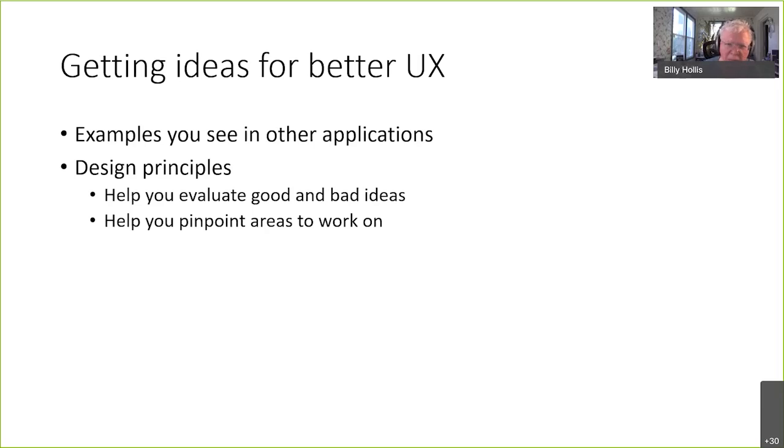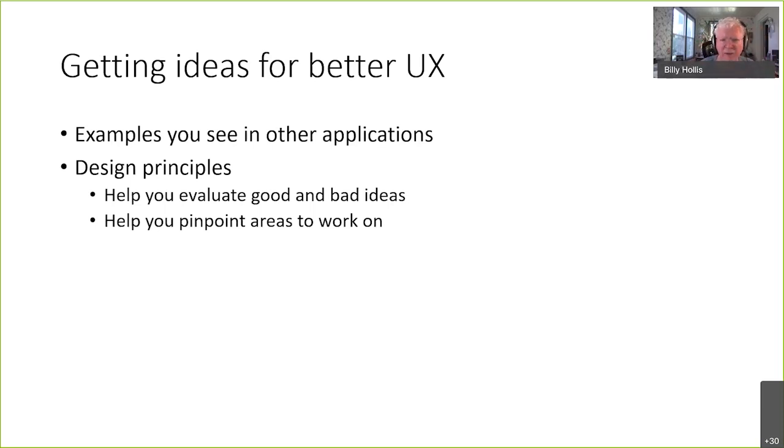Now, first of all, where do you get the ideas? Where do you find things for improving your app? Well, the two main sources are examples you see in other applications. So any time that you can find something that's related that might give you ideas, you use that. And then the other major area is design principles, which help you evaluate good and bad ideas. Design principles are based in how we see and how we think.